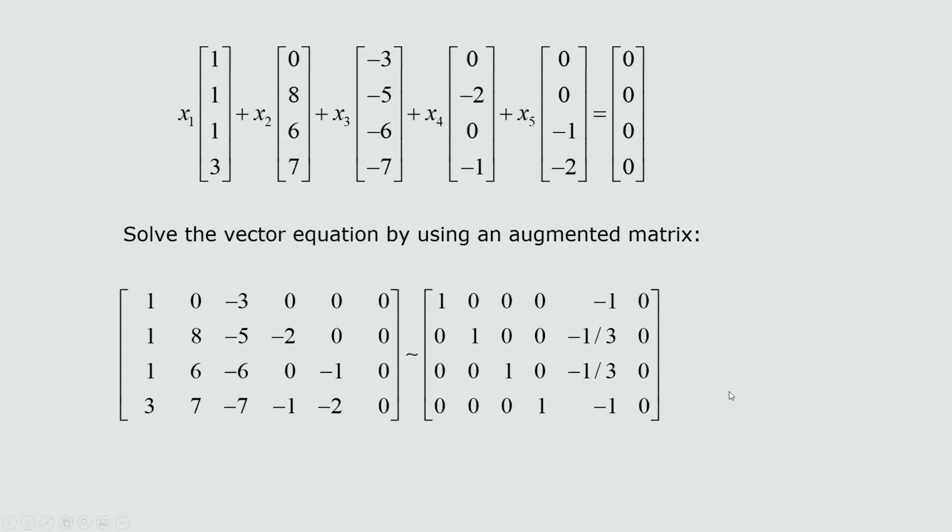Now remember, in an augmented matrix, each column represents coefficients for a certain variable. So I have my x1 through x5 variables.